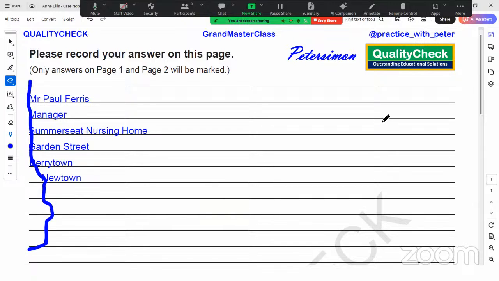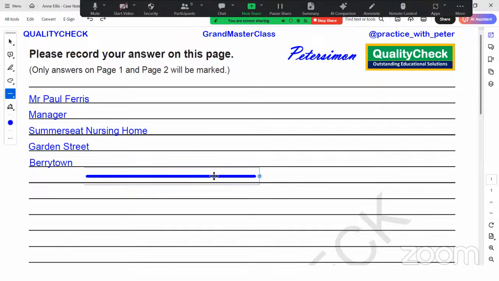There should be a straight line. Now leave one line here. Leave one line.